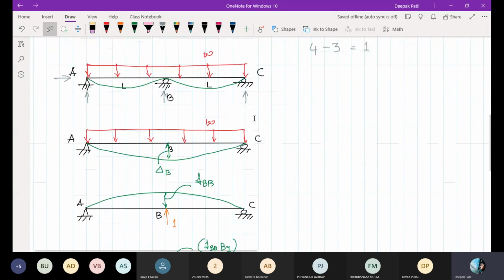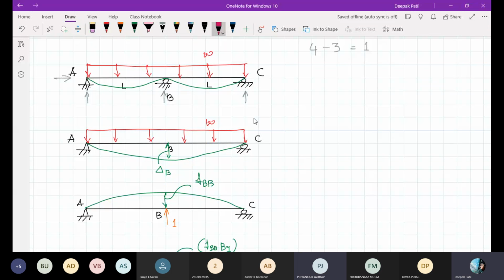Have you understood these 4 figures? Yes, sir. Okay, same thing.